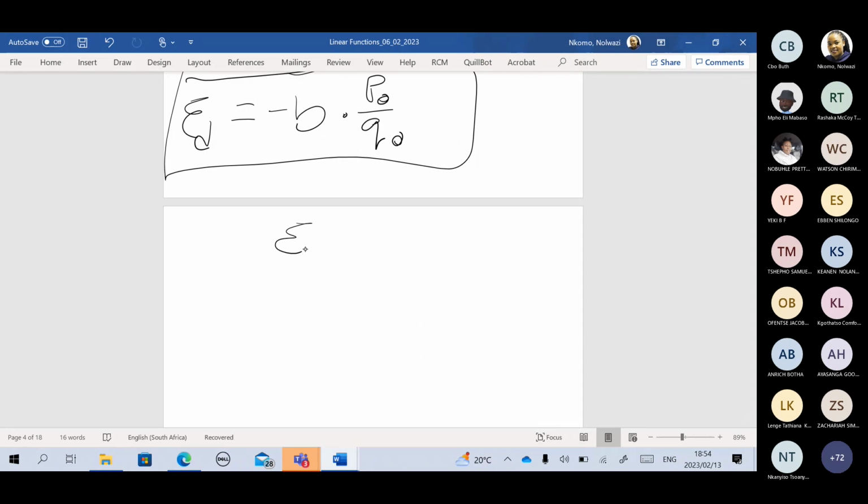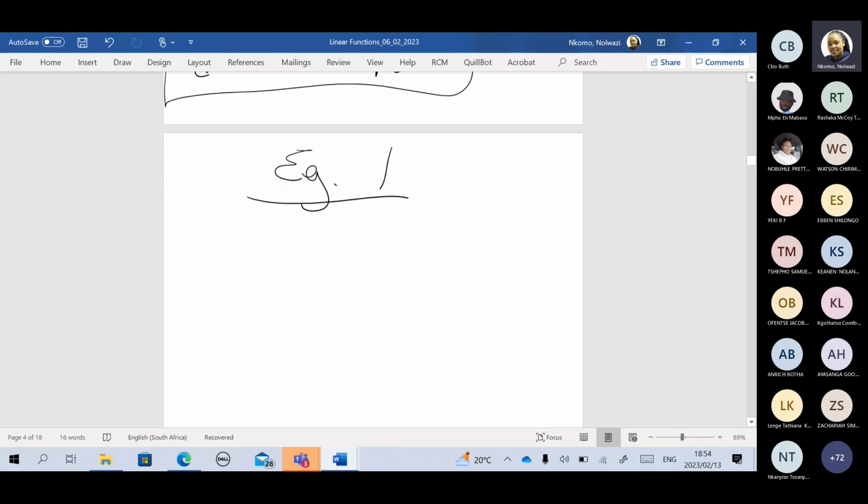Example 1. Suppose we are given a demand function for our product as Q equal to 2,400 minus P, right?